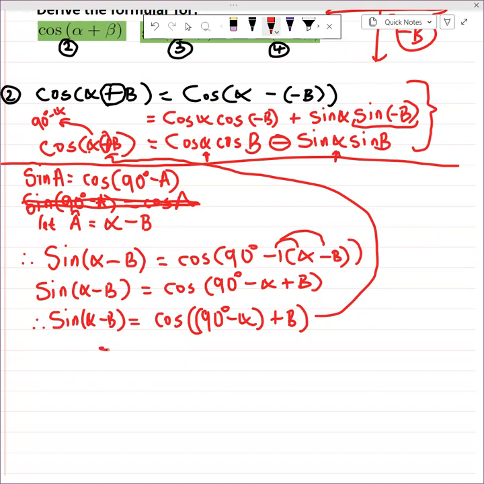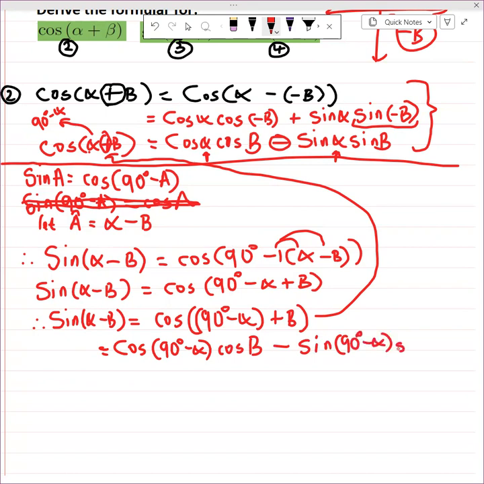Can we do that? Okay, so we're going to have cos 90 degrees minus alpha. And then this one is cos B. The B still remains the same. So cos B, and then minus. Remember, every alpha, we replace it by 90 degrees minus alpha.